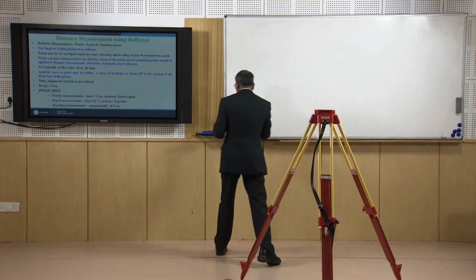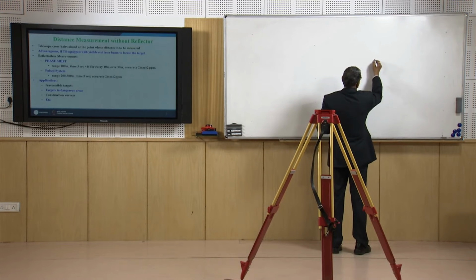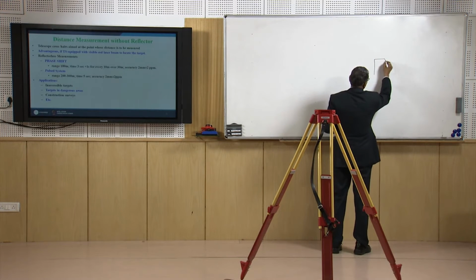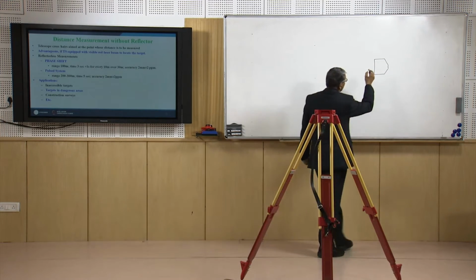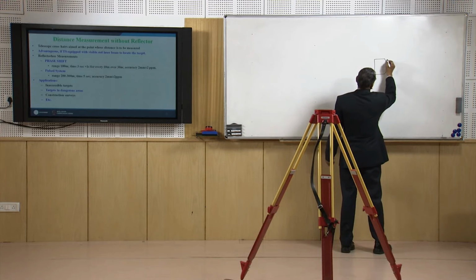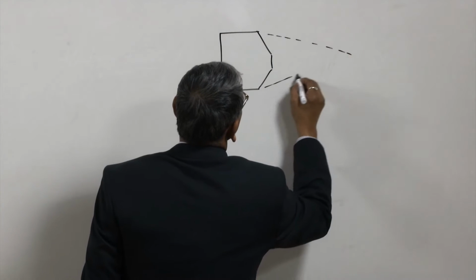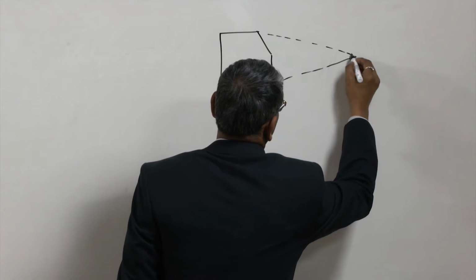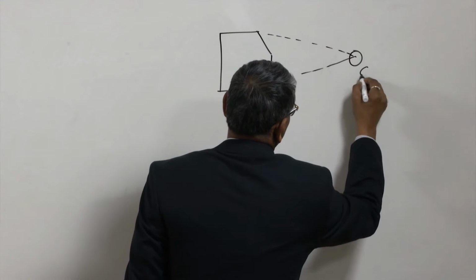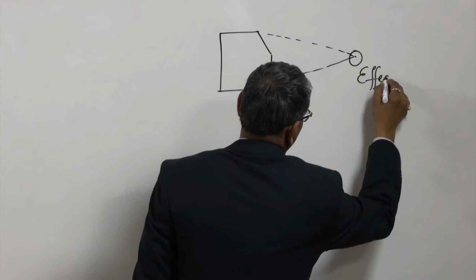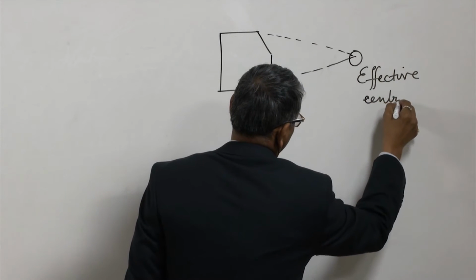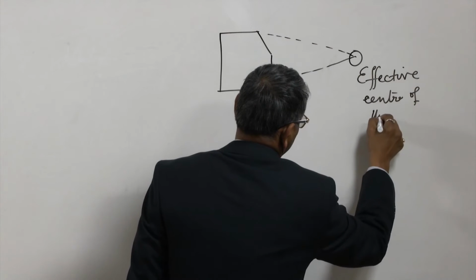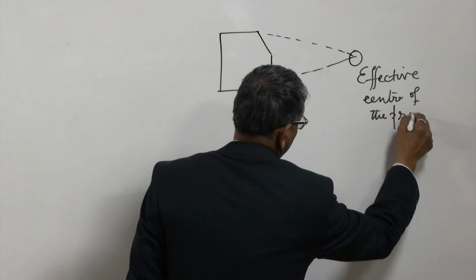Actually if we see, the prism is something like this, then the actual center of the prism arrangement will be somewhere like this. This is the effective center of the prism.